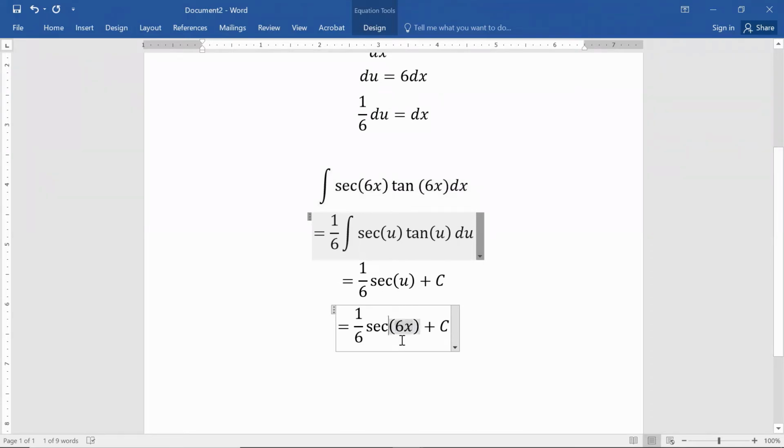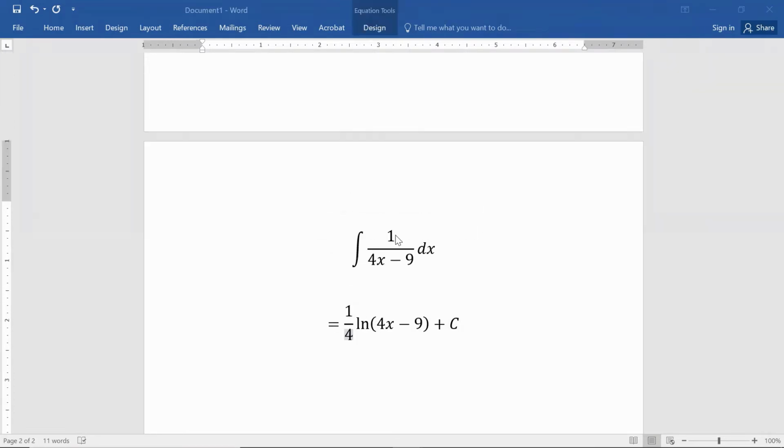And because my argument is a linear piece with a coefficient of 6, I need to divide by 6, so 1/6 out front. So linear pieces are really nice in that when I substitute out with linear pieces, a lot of times I just end up dividing by that coefficient of x out front.